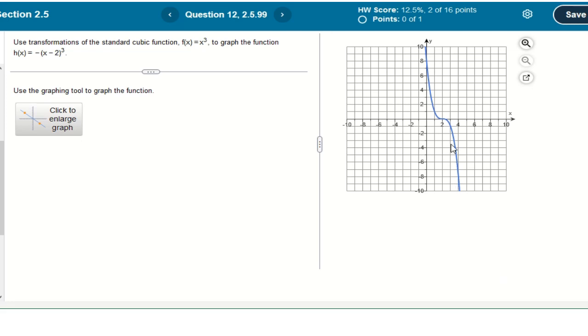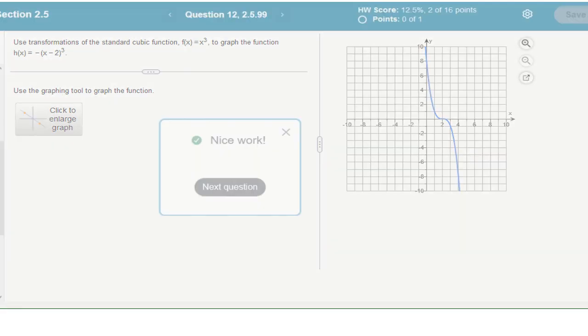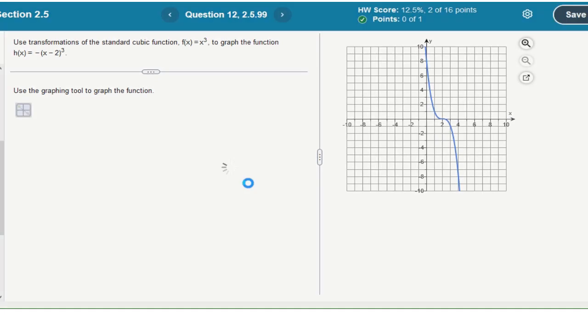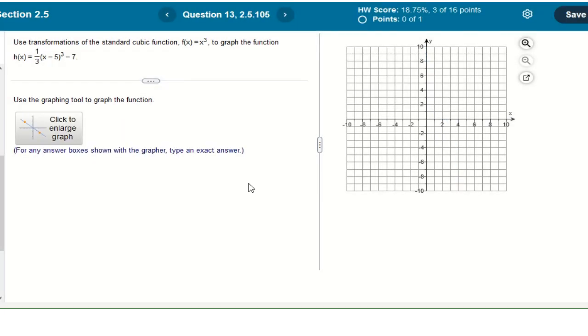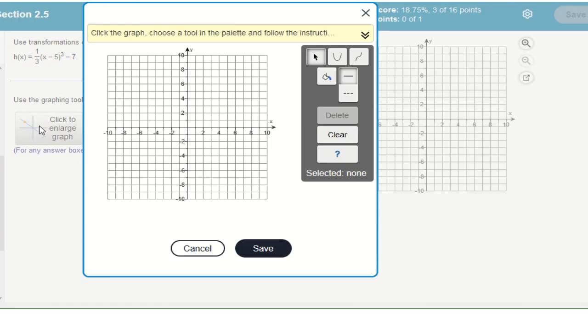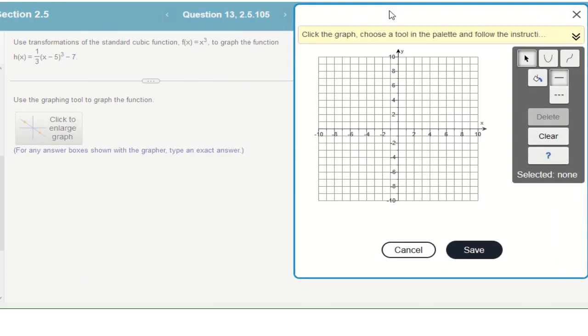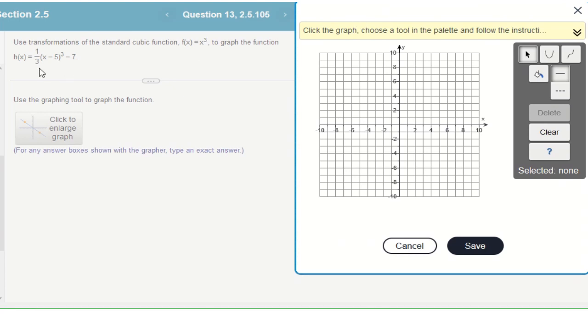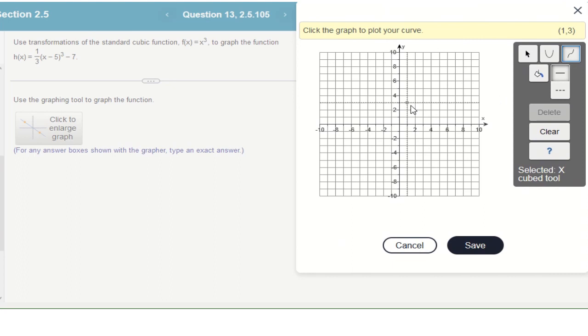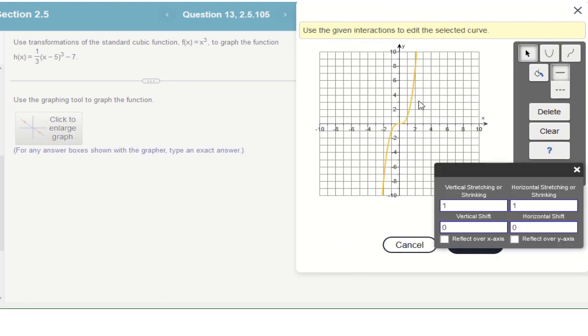If there's anything you don't like, you can clear your graph. Another example, we're going to click on this icon. Now, here we're going to choose the cubic graph. We're going to click anywhere. Here we have vertical shrinking by 1/3.